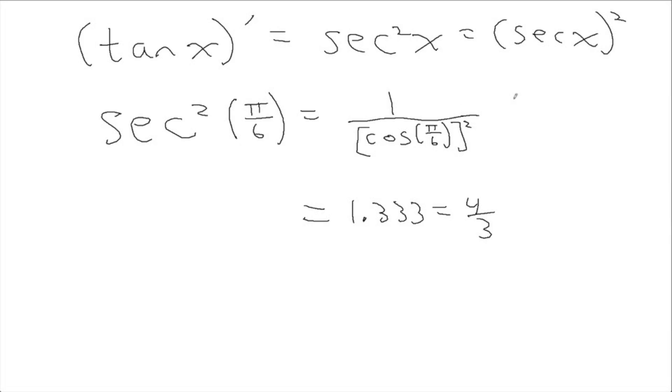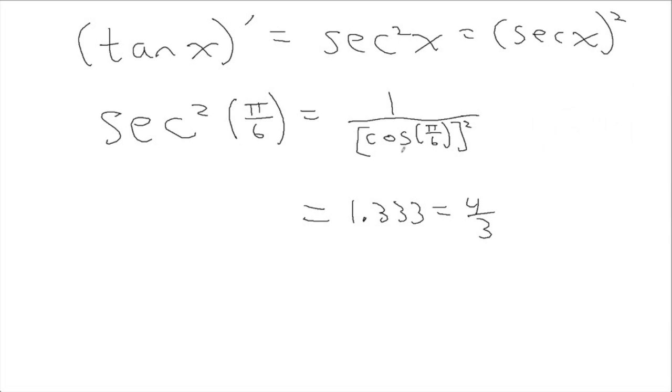By the way, notice this is exactly the same as this. It doesn't matter whether you square only the bottom or both the top and the bottom, because what's 1 squared? 1. So either of these would work. But this is maybe unnecessarily complicated, so I'll erase this. This is the simplest way to do it.